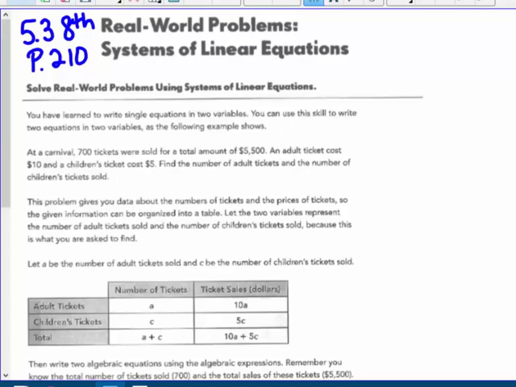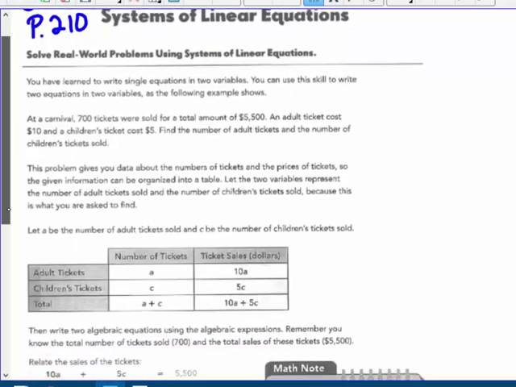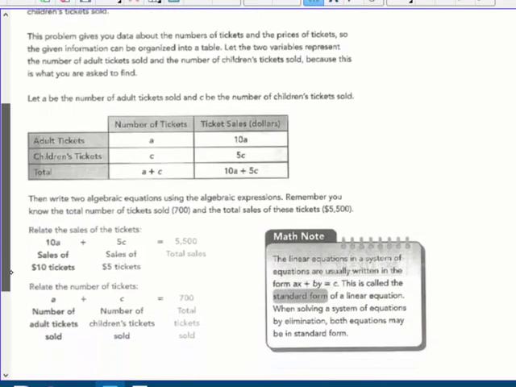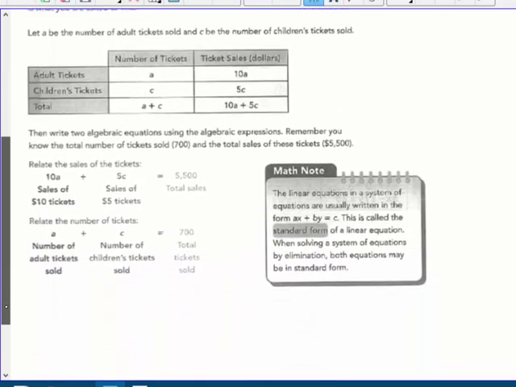They also give you that a child's ticket is 5 and an adult's ticket is 10. So you can see in the table here that 10 times an adult ticket plus 5 times a child's ticket will give you the value equation. And we also know that adults plus children was 700 tickets.